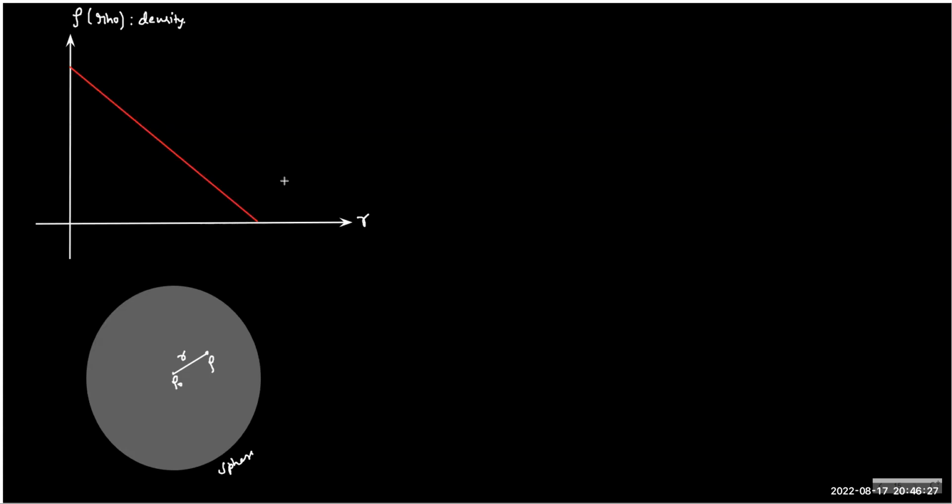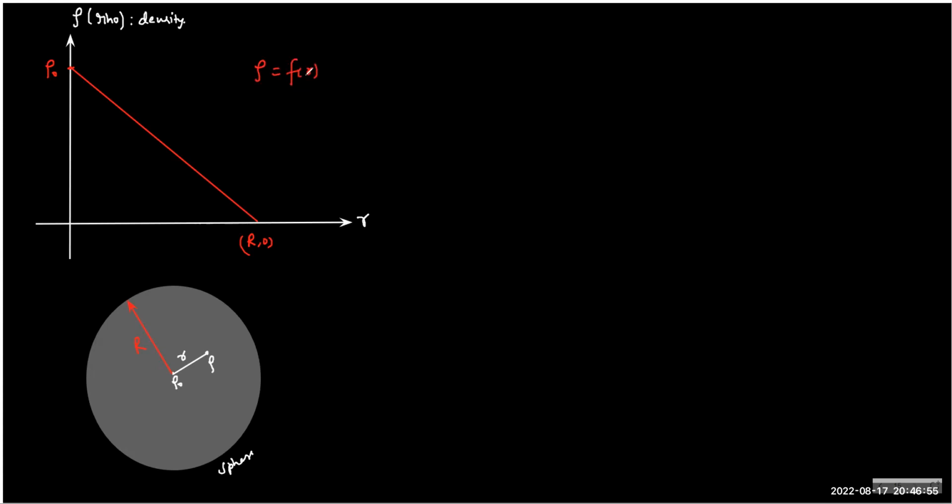If the sphere has radius capital R, then when r is R, the density is 0. And when r is 0, the density is rho naught. So what is the relationship of rho versus r?